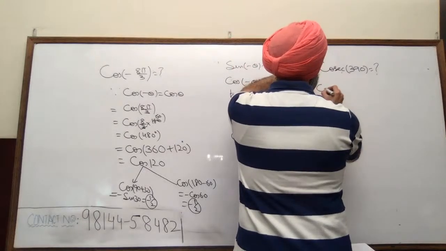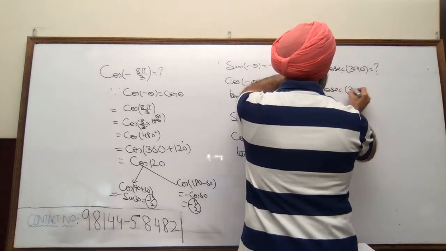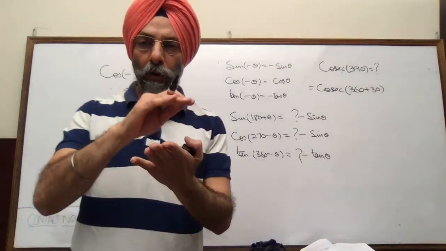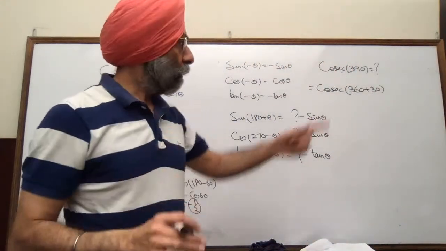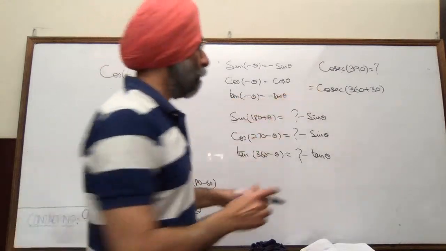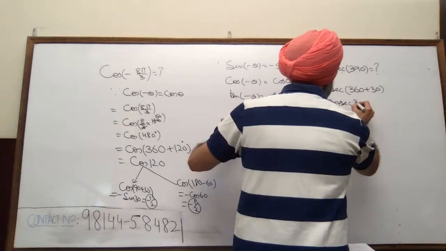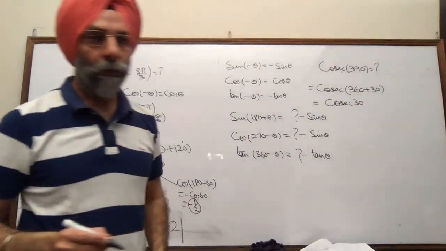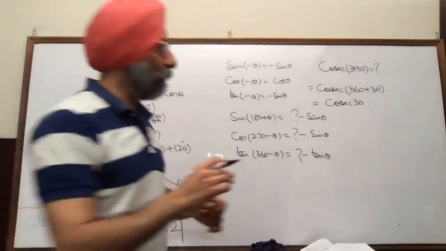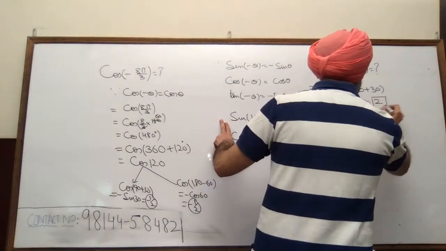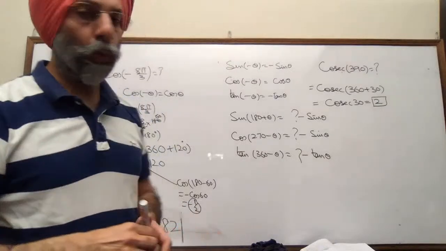So this can be written as cosecant of 360 plus 30. Now it falls in the first quadrant. So it is positive cosecant 30. Because sine 30 is half, cosecant 30 is its reciprocal. That means the value is 2 here.